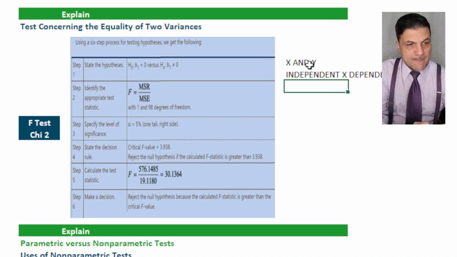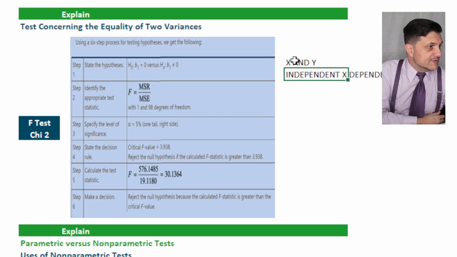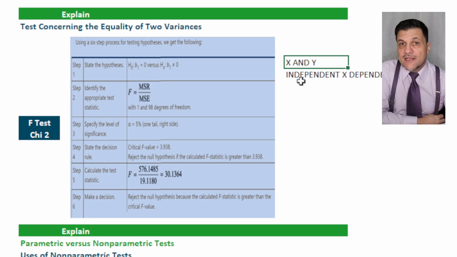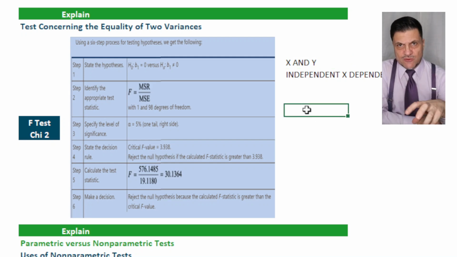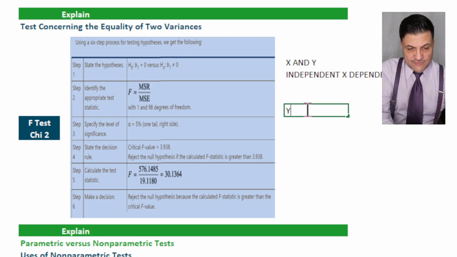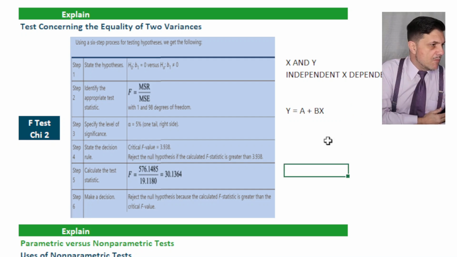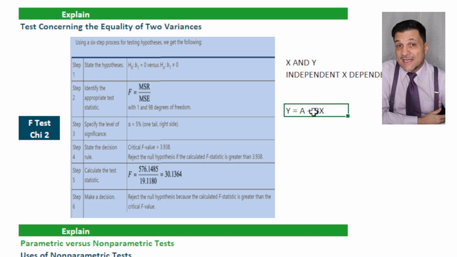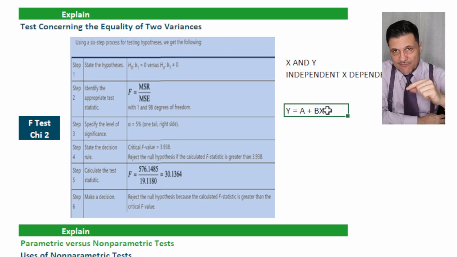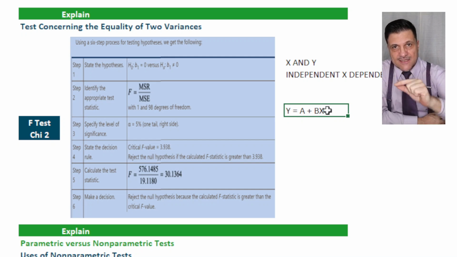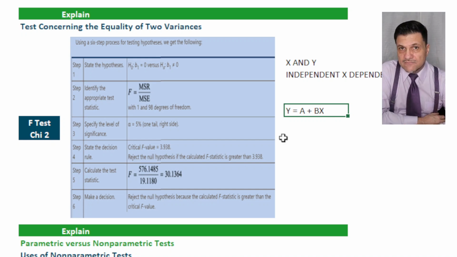Well, look, independent versus dependent, the X and Y. If I have a regression, which is coming, that's why I'm opening the door now, a regression is stated basically like this: A plus BX, for example. That's a regression. It's a line, right? It's an equation that explains something. The Y is the dependent variable. The X is the independent variable. I keep changing X and see what happens to Y, right?